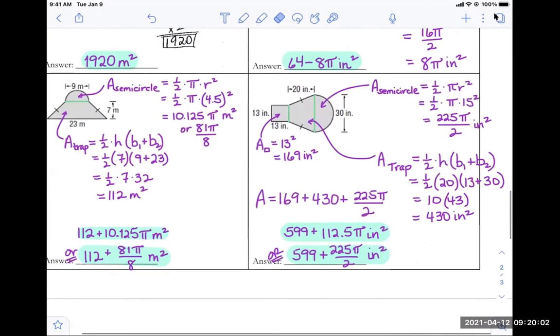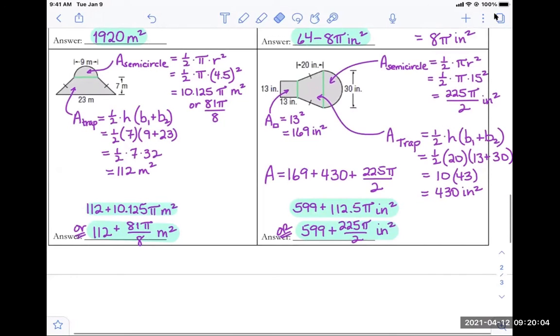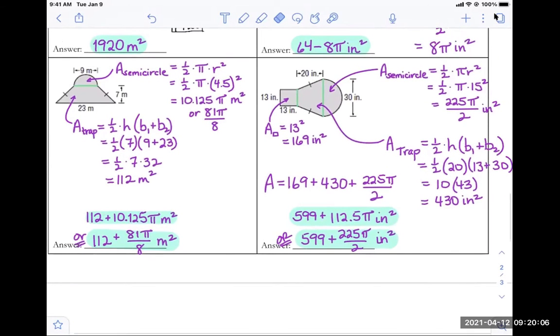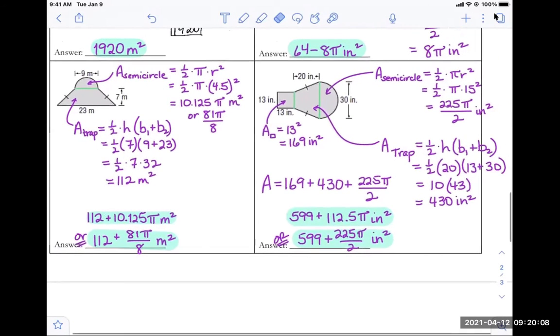All right, and then for the two at the bottom here, so on these you're adding areas. So for the first one, you have a trapezoid and a semicircle. Okay, be careful that you pay attention to the fact that to do the area of the semicircle, you're doing 4.5 squared. The diameter is 9, so the radius is 4.5.